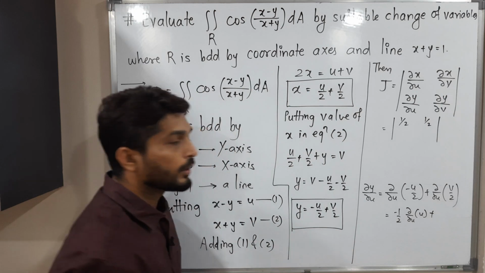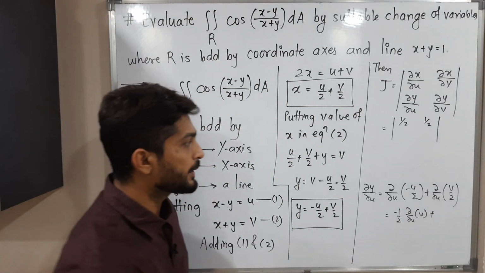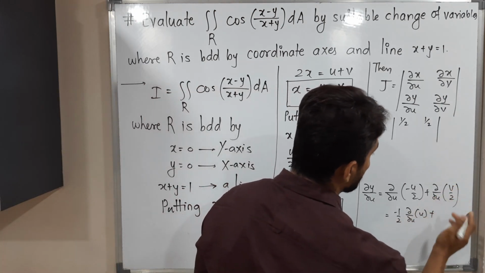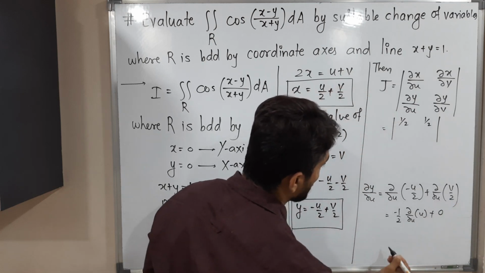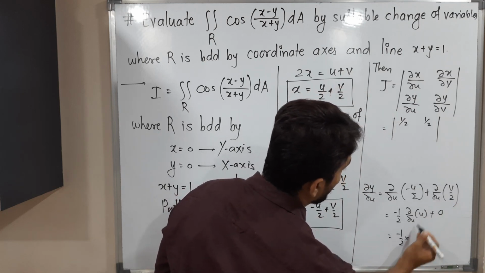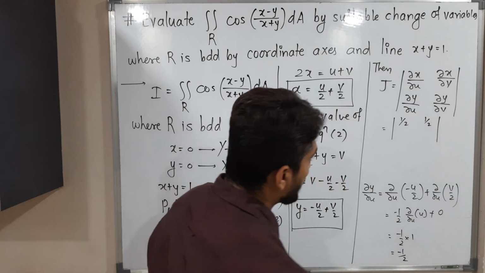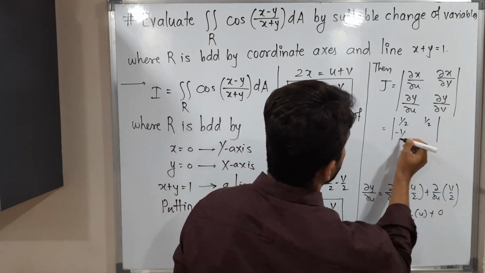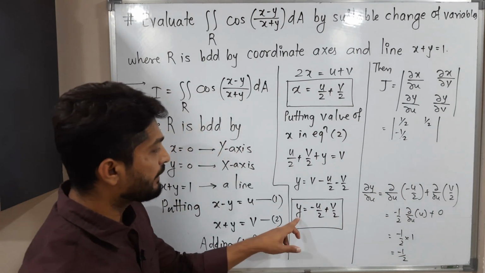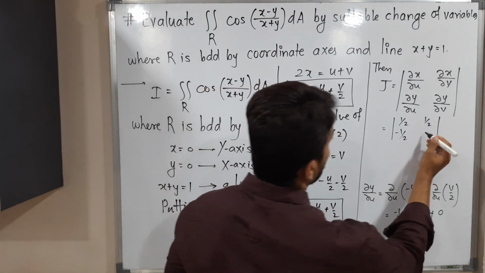See, here v is constant since we are differentiating with respect to u, and this is also constant, the derivative of a constant is 0. Minus 1 by 2, derivative of u with respect to u is 1, so it's minus 1 by 2. So I got its derivative, minus 1 by 2. In the same way we can find the derivative of y with respect to v, which will be 1 by 2.